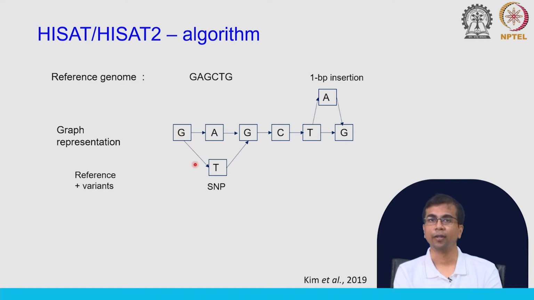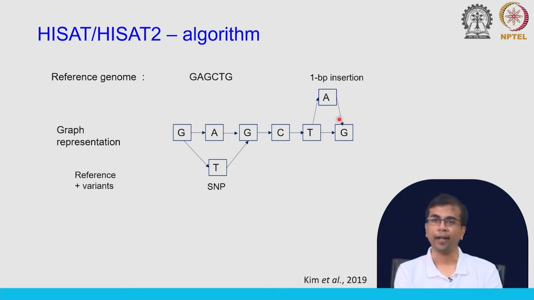So, you can have a node and add appropriate arrows, so that you can traverse through this GTG path, and you can generate this variant genome. You can have another case here, for example, a one base insertion A. If you are traversing that genome, you have to traverse in this direction, CTAG, because of this insertion here.